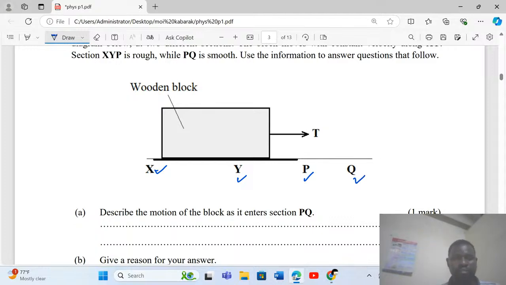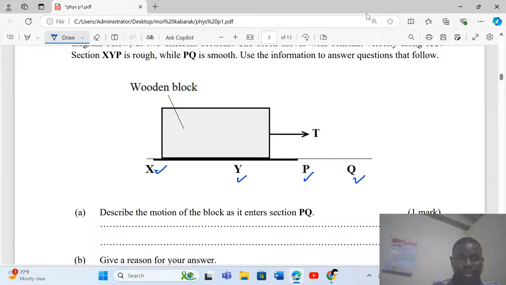Then we're told to describe the motion of the block as it enters section PQ. It is moving from a rough surface to a smooth surface.